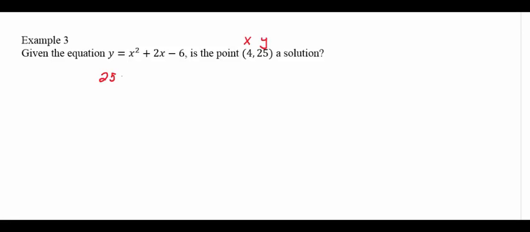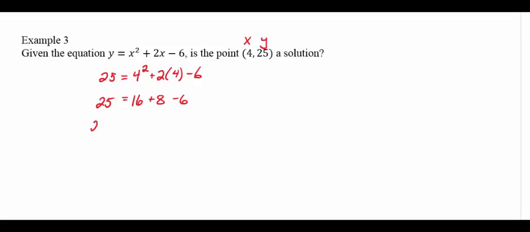We have 25 for y. x is 4, so we would have 4 squared plus 2 times 4, and then minus 6. So bring down the 25. 4 times 4, that's 4 squared, 16. We have plus 8 minus 6.